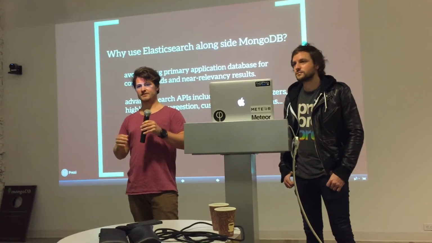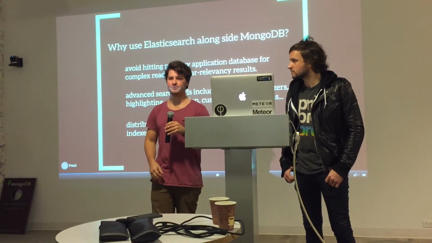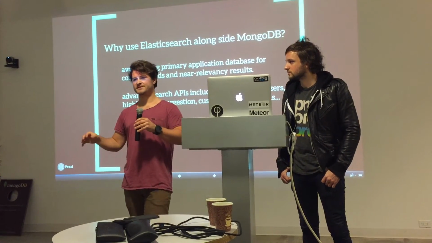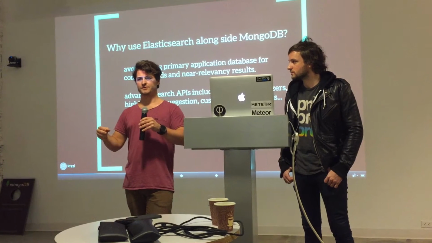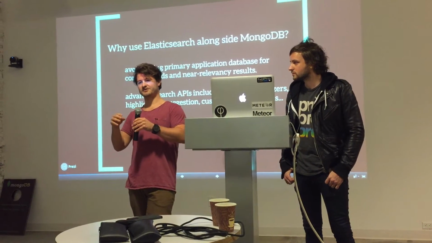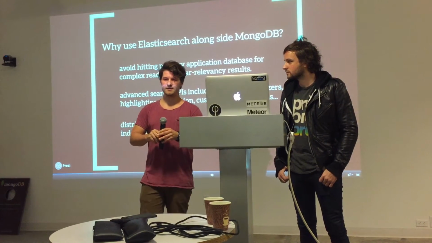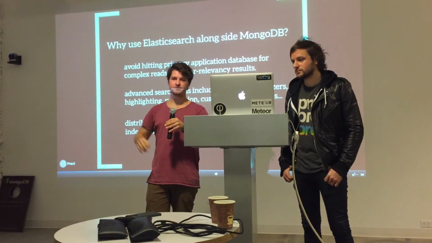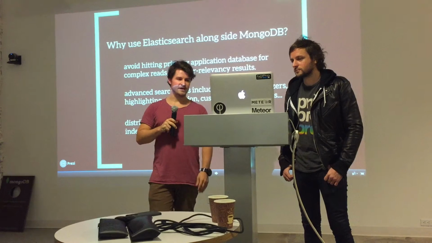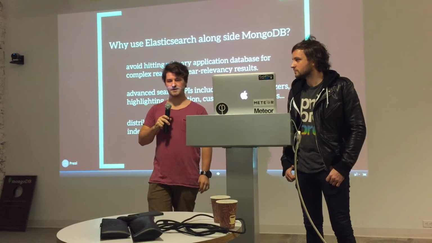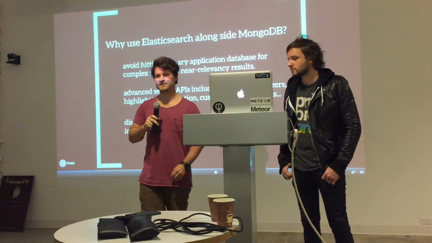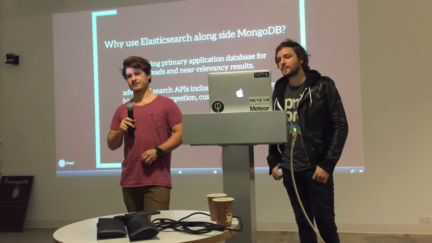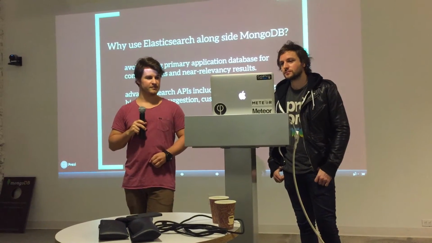So say in this property example, if a pool is more important to users than a feature like Wi-Fi in the property, then those properties are weighted higher in the search results. That's actually a really basic example of scoring in Elasticsearch. You can get really, really fine-grained with it.